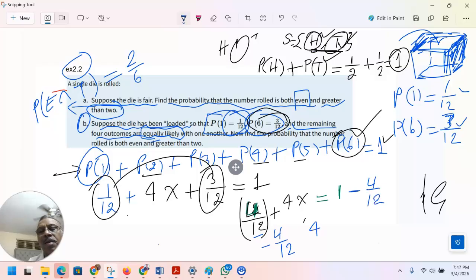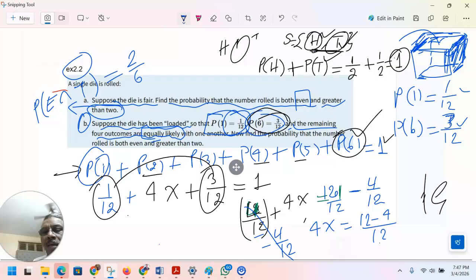This crosses out and you get 4x equals, now there's a 12 in the denominator, so I multiply 12 by 12, so 12 minus 4 over 12. So 4x becomes 8 over 12.